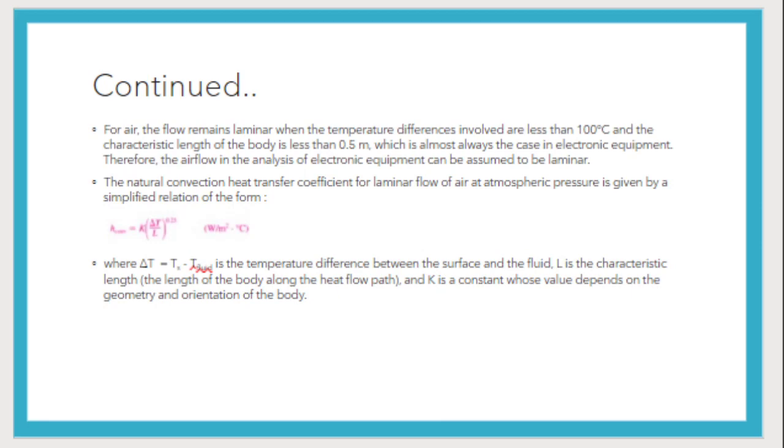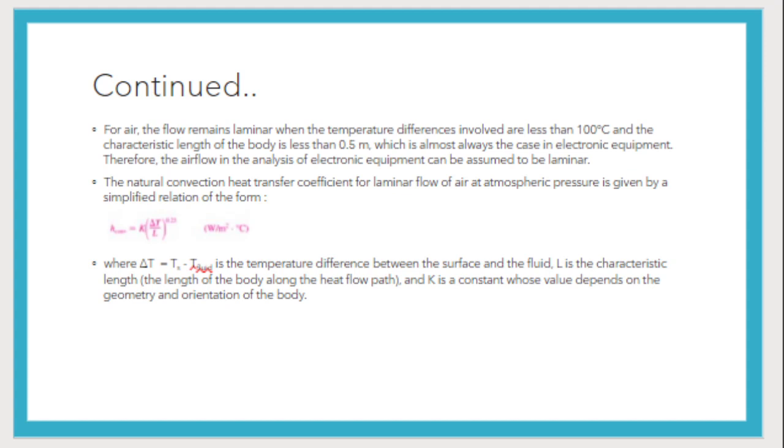For air, the flow remains laminar when the temperature differences involved are less than 100 degrees Celsius and the characteristic length of the body is less than 0.5 meter, which is almost always the case in electronic equipment. Therefore, the flow in the analysis of the electronic equipment can be assumed to be laminar.